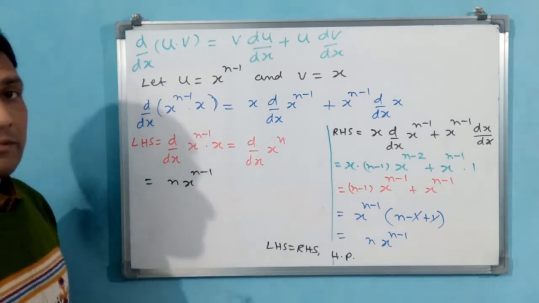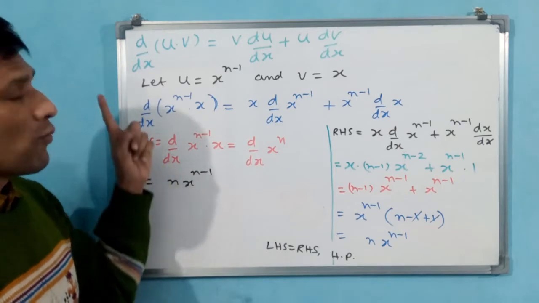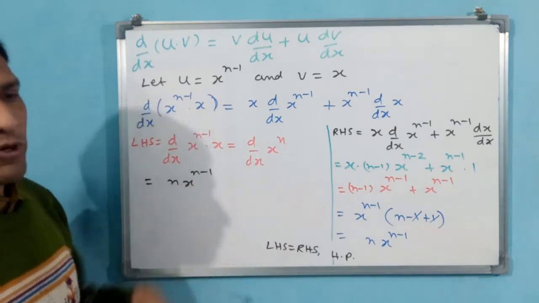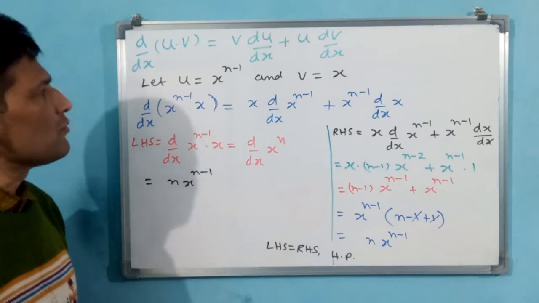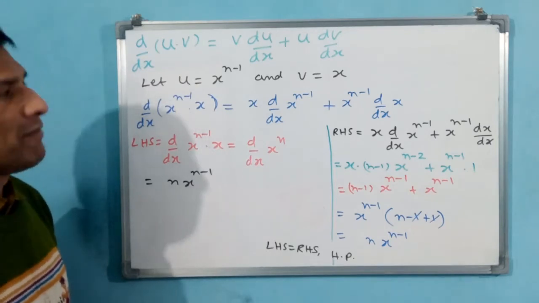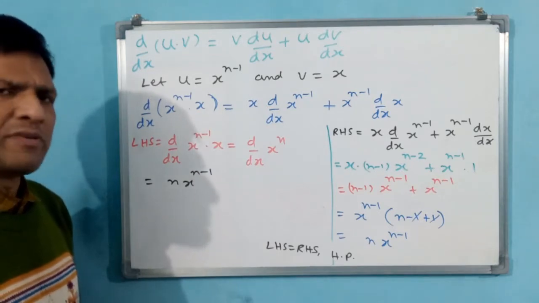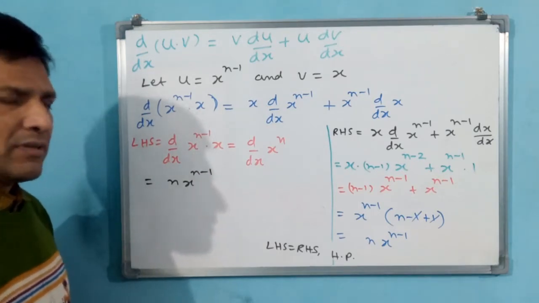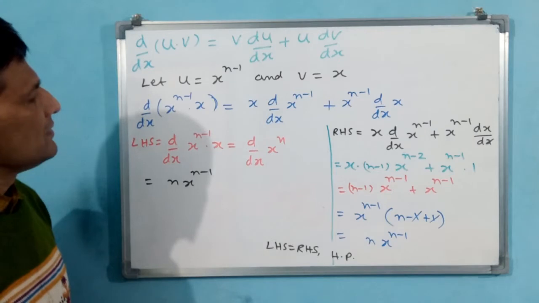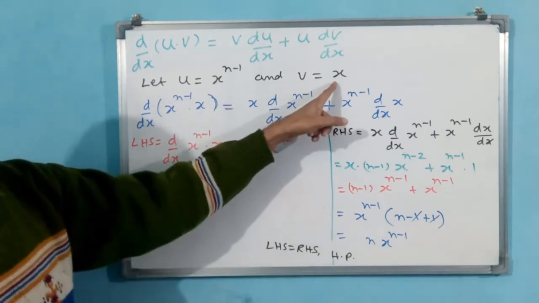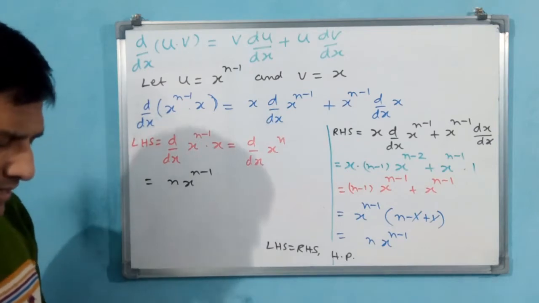Okay. Now, we go for proof for derivatives of quotients. Okay, derivatives of quotients, d by dx, u by v. That also we will see. Same we will take x power n minus 1, x only we will take. Let us do. We take u as x. We will take like this.